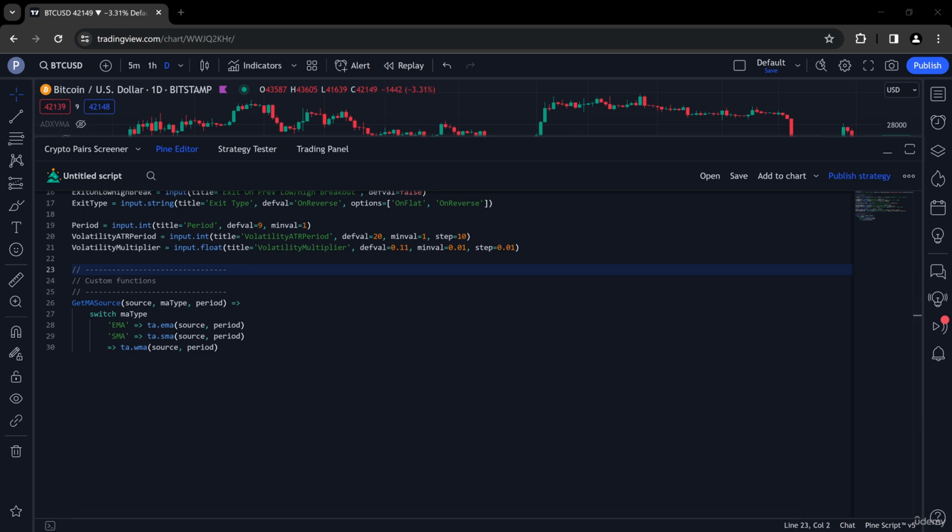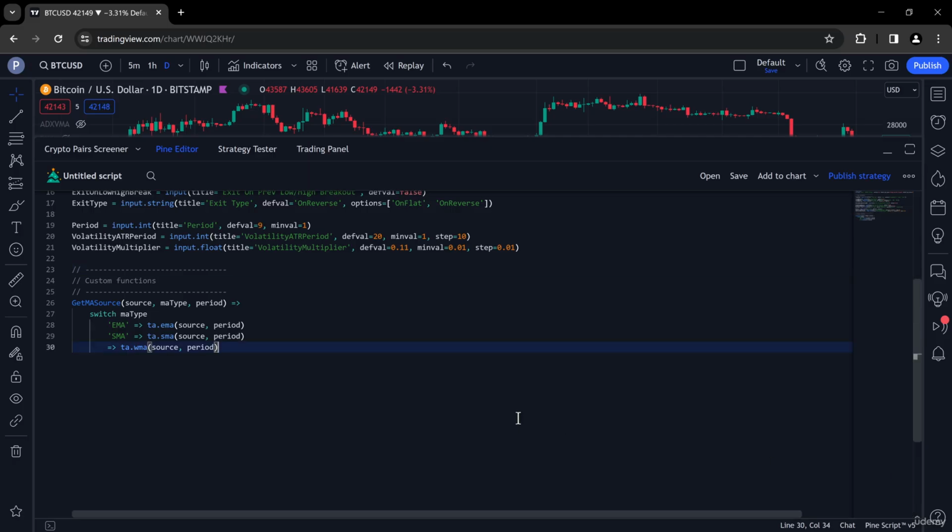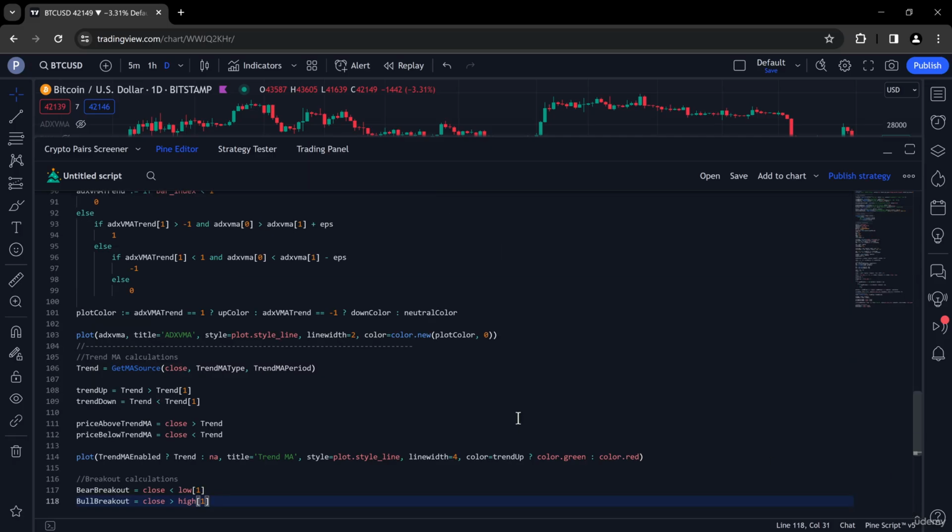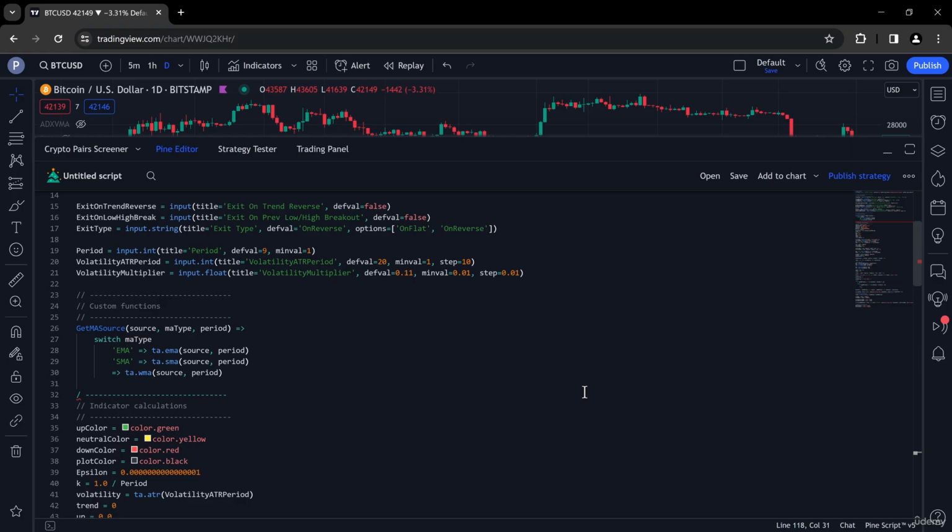Now let's insert the next section of our trading strategy, which is the section related to calculation of ADX VMA. So this is a complex section where we calculate the ADX VMA indicator.